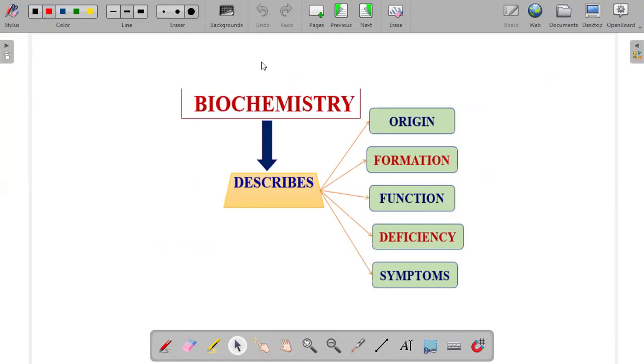So look at different types of biomolecules, and we're going to be looking at the source of those biomolecules, how they are going to be formed, their function, what we can have if we have deficiency of those biomolecules, and the symptoms that we can tell that there's deficiency of a certain type of biomolecule. That's what this biochemistry is going to be looking at.